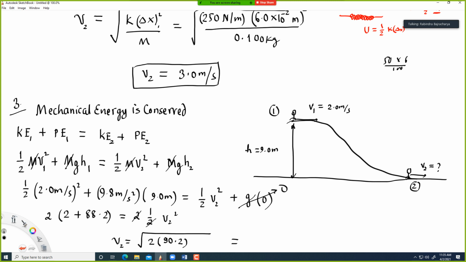Yeah, I also have 13.4. So take the square root of 180, what do you get? Yeah, 13.4. So 13.4 meters per second.